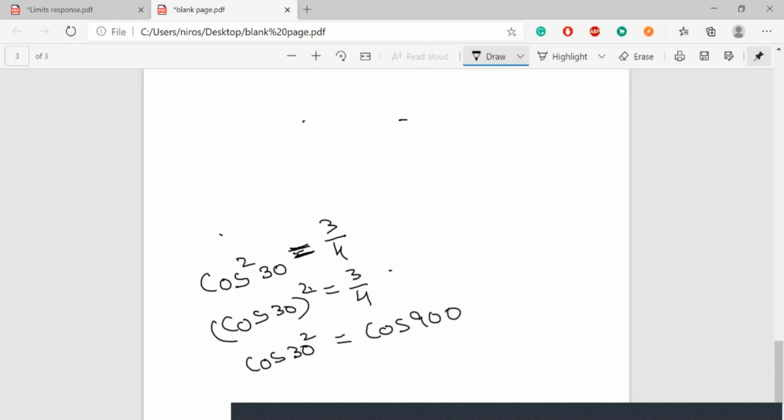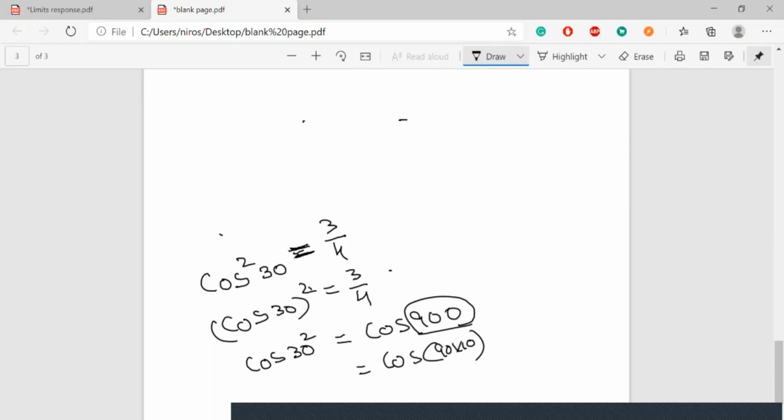Okay. And you can calculate this cos 900 also. You have to take how many complete angles it will come. Oh, so can I write it as cos 90 into 10? Yeah, you can write cos 90 into 10. Then what will you get if you write like this? You will get 0, right?